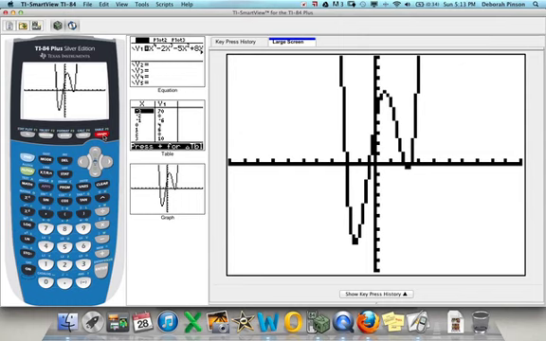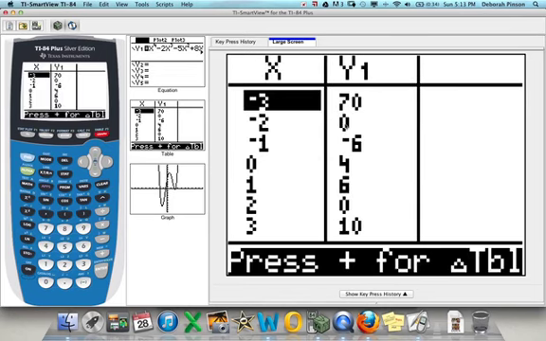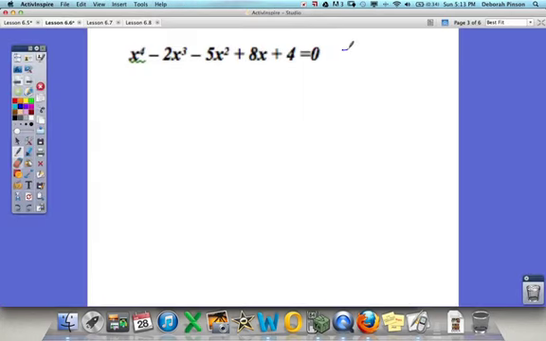Okay, now when I'm looking at this, it's pretty easy for me to tell that it crosses here at -2. If I go to my table, it verifies that. -2 is one of my answers. I'm going to write it here so I don't forget that because I have a bad memory.